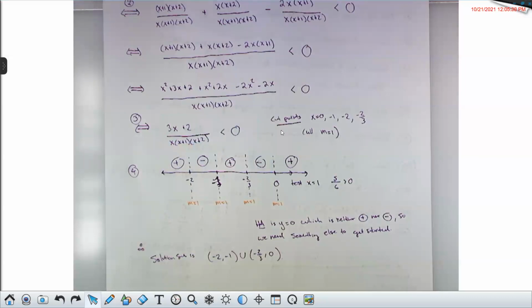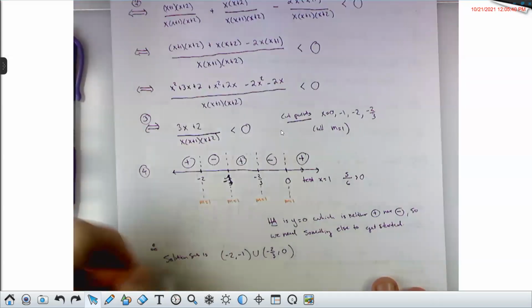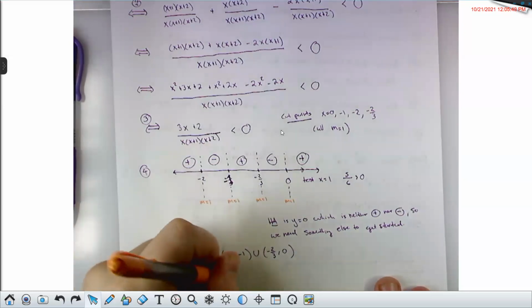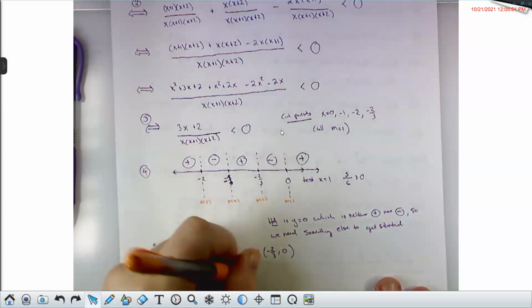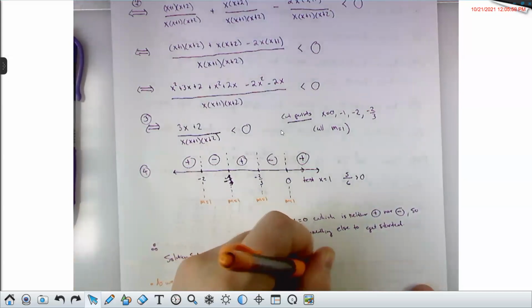Could you remind me when or why exactly the signs change? Yeah, so the rule is, as we hop over an odd multiplicity cut point, the sign will change.